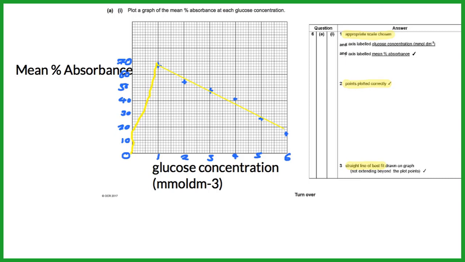Please don't do that. When you draw a graph, only draw a line through where you have data. You could probably also have just joined the dots with straight lines, and that would have been perfectly acceptable, but it wouldn't be acceptable to do a wibbly curve through it. So do a straight line of best fit, and don't go beyond where you have points.